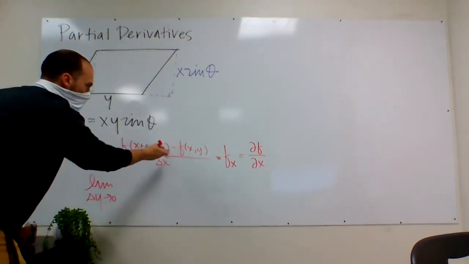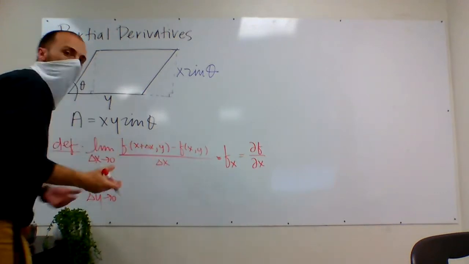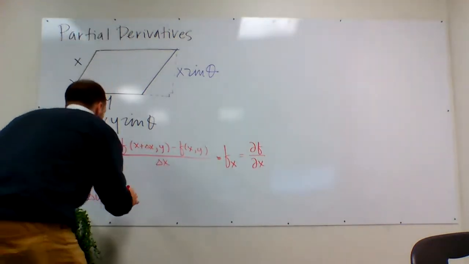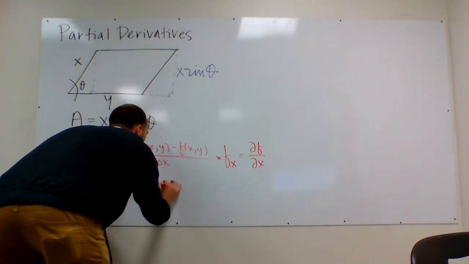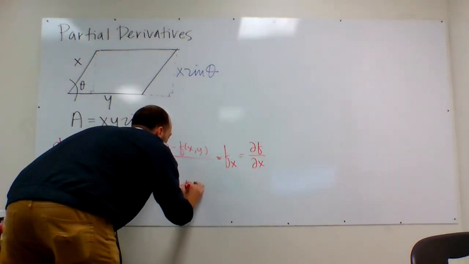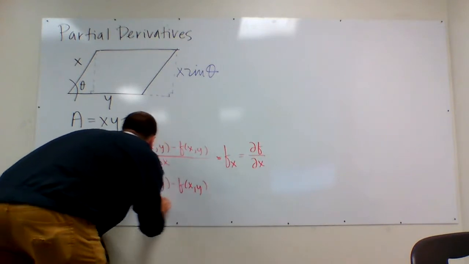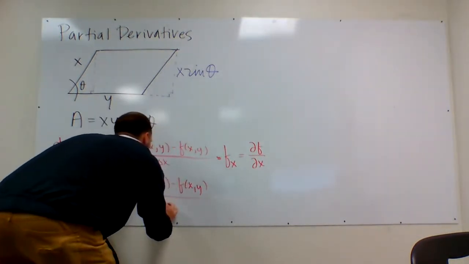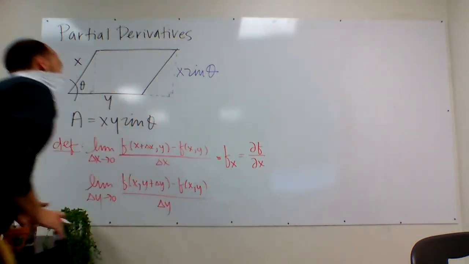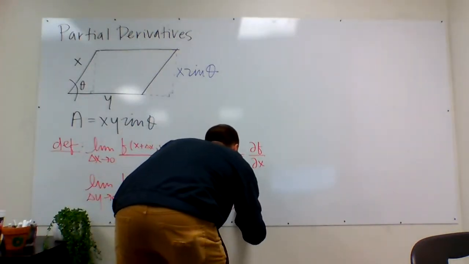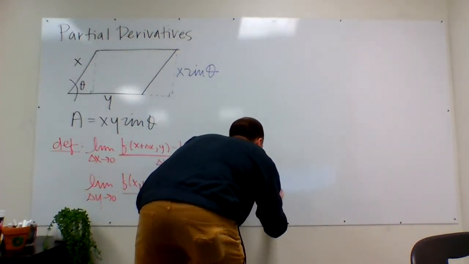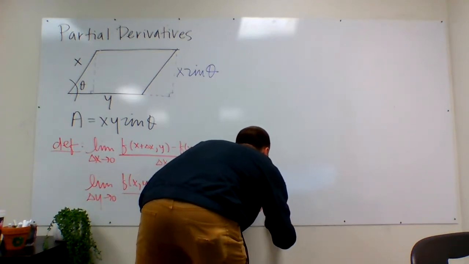I'm just going to tinker with y a little bit, let y get bumped up a little bit, and analyze the impact on the function. So f of x and y plus a little bit, minus f of x and y, divided by delta y. And we call this f sub y, or partial f, partial y.